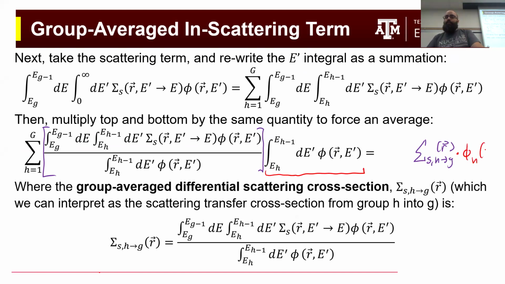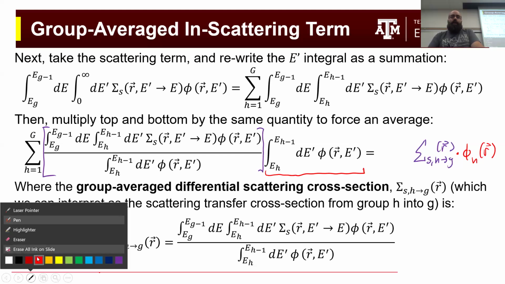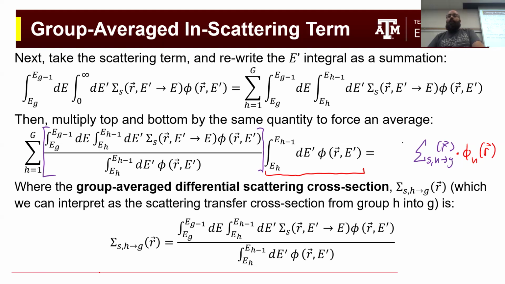So that's my phi sub H. And then I'm still having to sum over all of my other groups. So bear with me that I have a sum inside of a sum, but this is going to go from h equals 1 to big G. And really, it's not a sum in a sum. It's just that we use the term big sigma for a sum and for a macroscopic cross section. So this is saying I'm summing up these quantities.